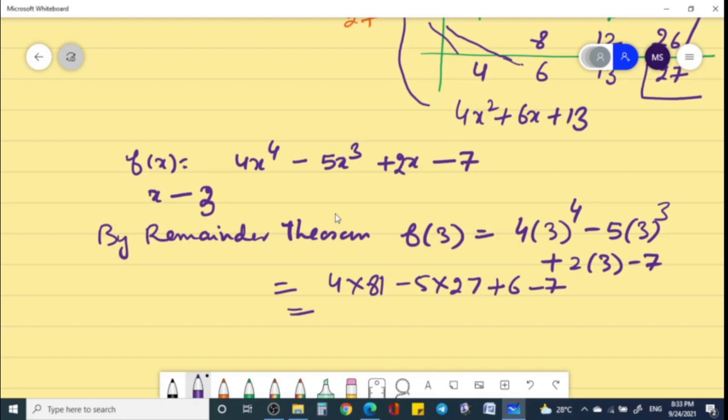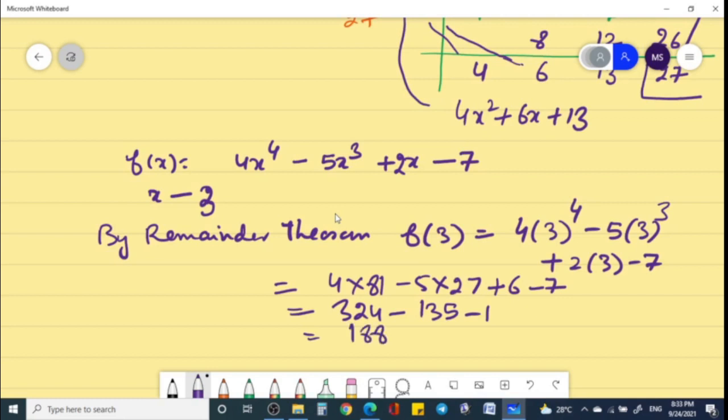This amount will be 81 fours, which is 324, and 27 fives, which is 135, and this is minus 1, so you can say 324 minus 136, which is 188. This is the remainder.